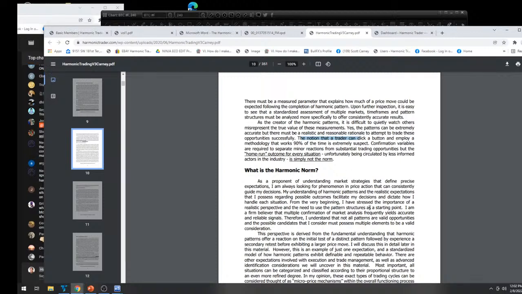So we need confirmation variables to separate minor reactions from the substantial trading opportunities. But here's the thing, with the expectations within execution and management, we have to dismiss the home run mentality in favor of more disciplined, defined management objectives.